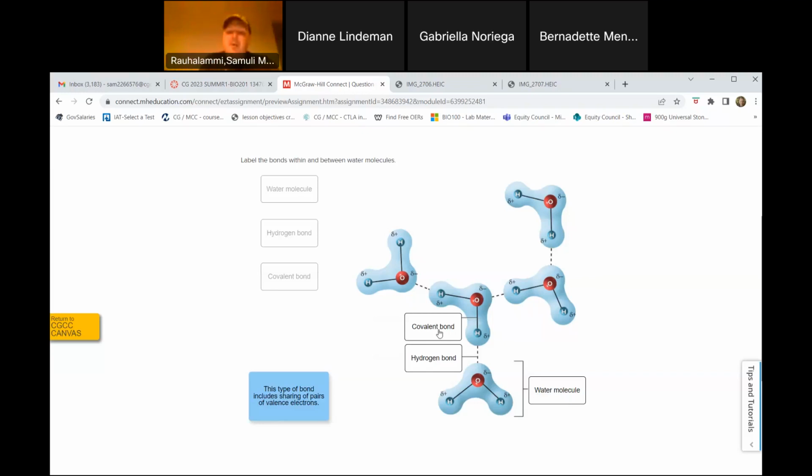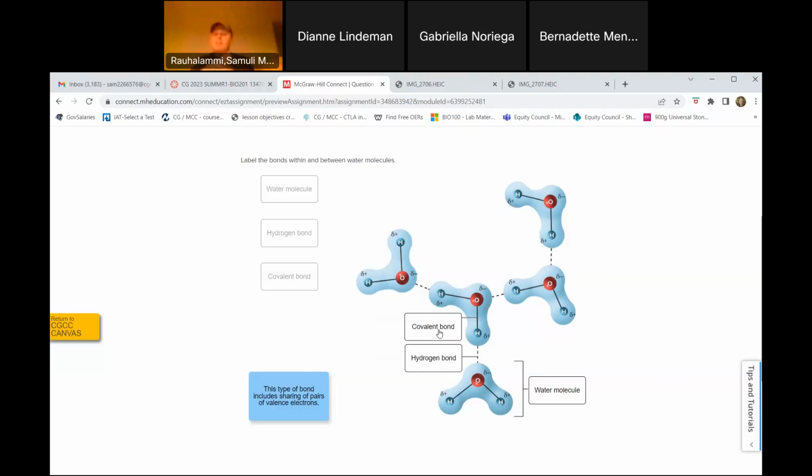A covalent bond is formed when 2 atoms share electrons. It could be more than 2, but in this case, it's actually 3 different atoms, but it's the hydrogen and oxygen that are sharing electrons. So electrons of the hydrogen and oxygen are shared so that both of them reach the state of having a full valence shell.